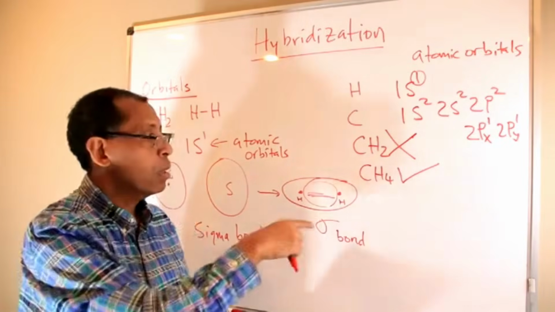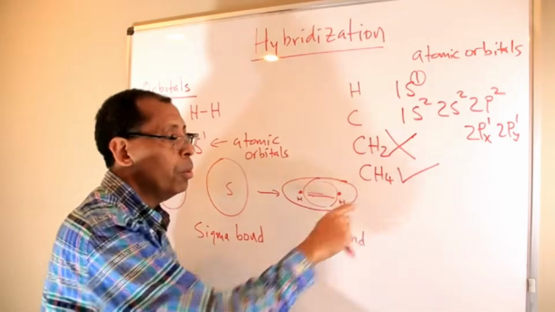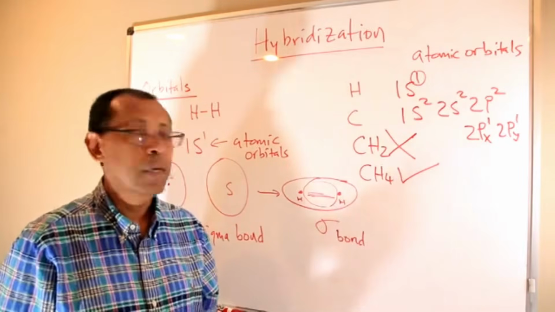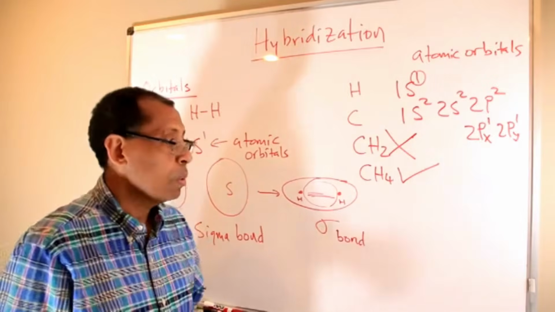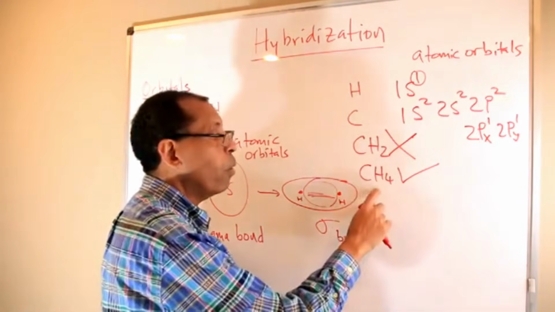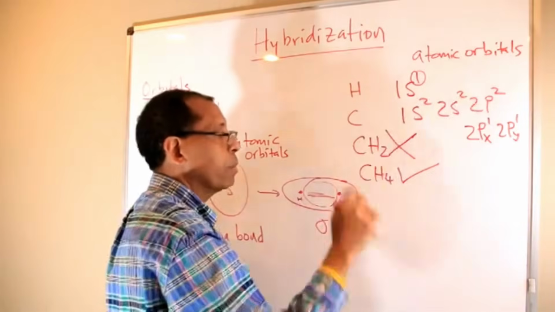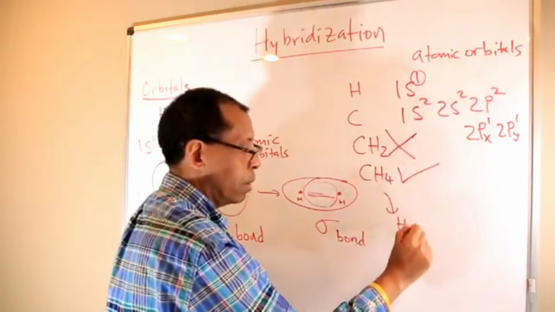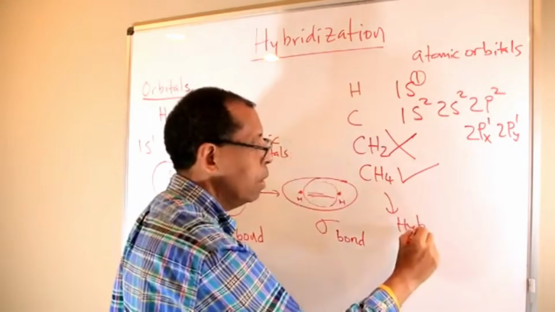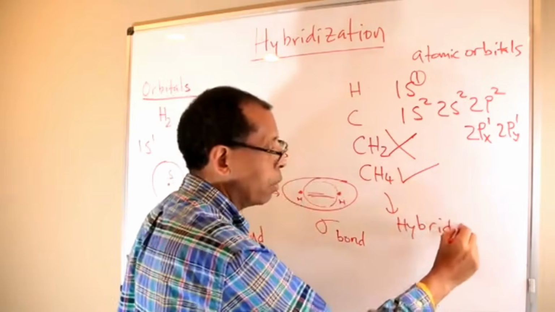So in the next discussion, I will show you how a tetrahedral bond in methane is made from hybrid orbitals. CH4 is made not from atomic orbitals, but from hybrid orbitals. That's the concept of hybridization. So those are hybrid orbitals.